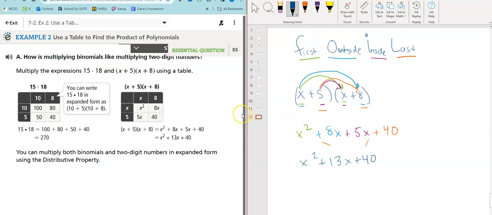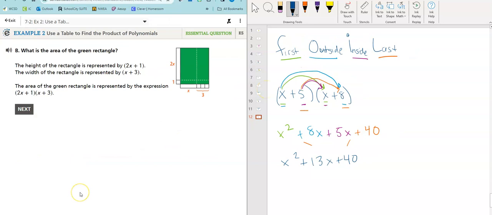So you can use a table or you can FOIL. All right, the next part here is looking at a real-world application of trying to find the area of a composite shape. So we want to know the area of this green rectangle. We know that this section of the green rectangle is 2x, this little piece is 1, this length is x, and this length is 3.